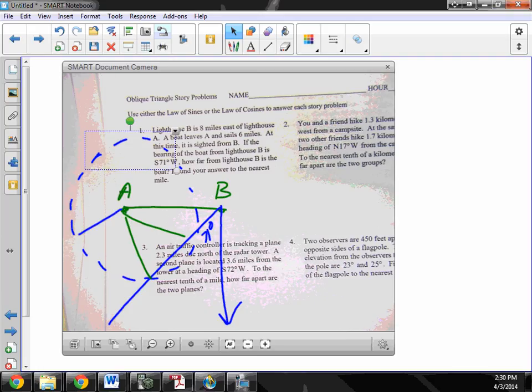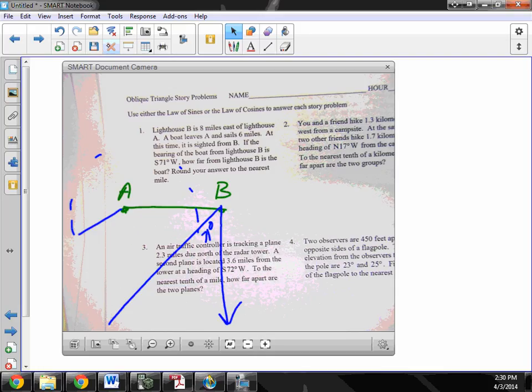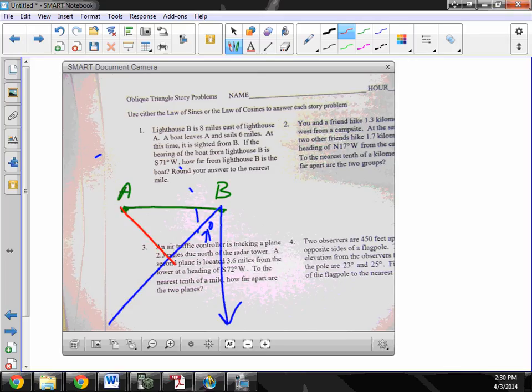So maybe I should delete that circle so I don't confuse you guys. Okay. So the boat is somewhere on that path, and this is 6 miles. So what is the complement angle to 71? 19. And then I know that this is 8 miles.